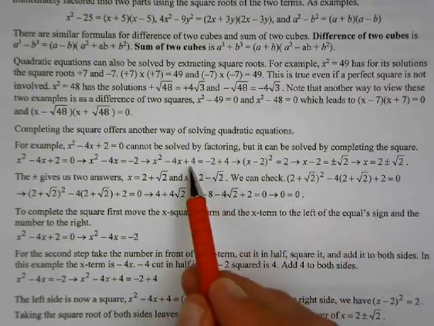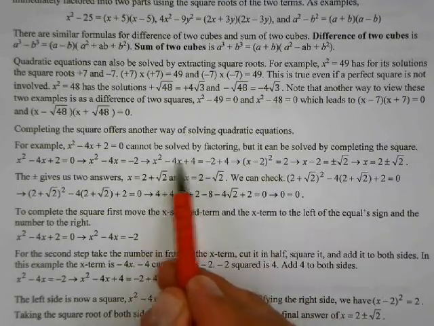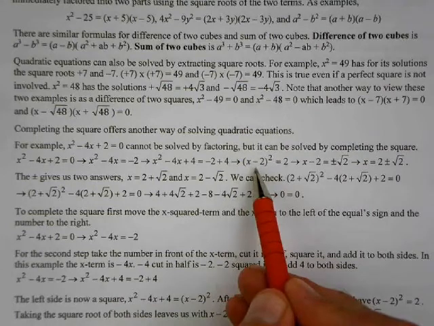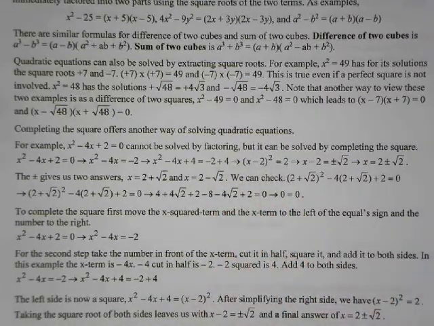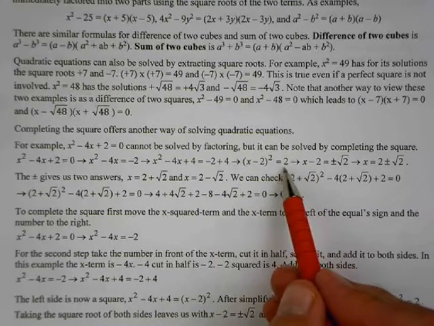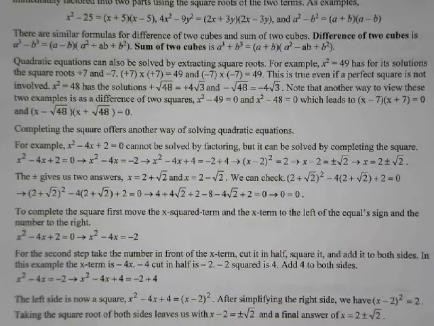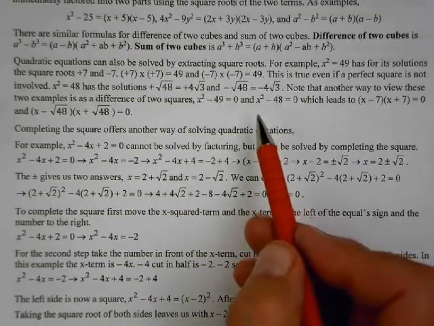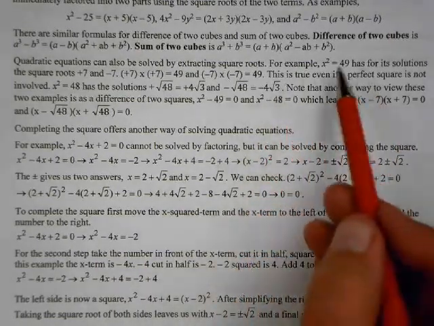Now I have something on the left that is a square. In fact, it is x minus 2 squared. On the right, I have negative 2 plus 4, which of course is 2. Note that I now have this set up very similar to x squared equals 49.